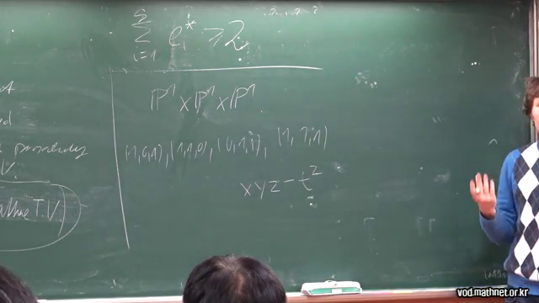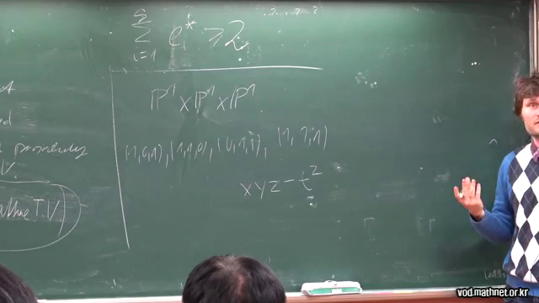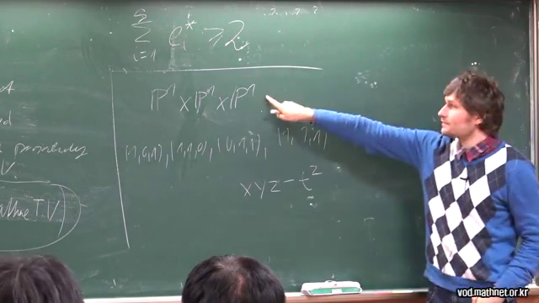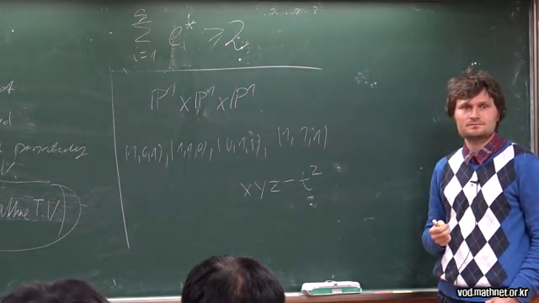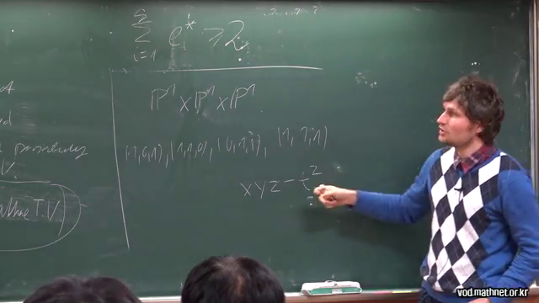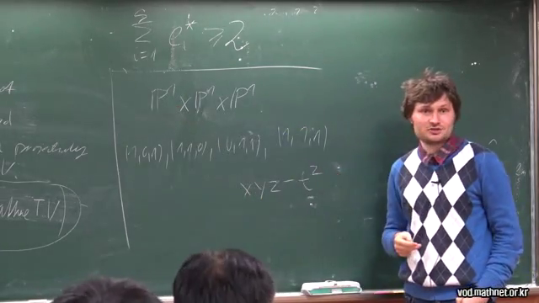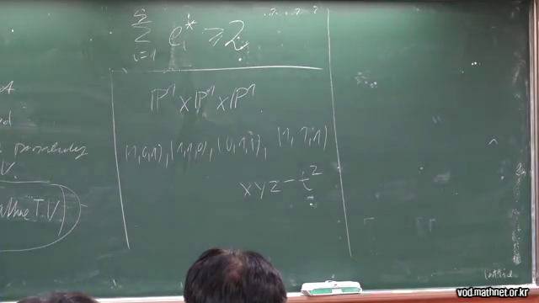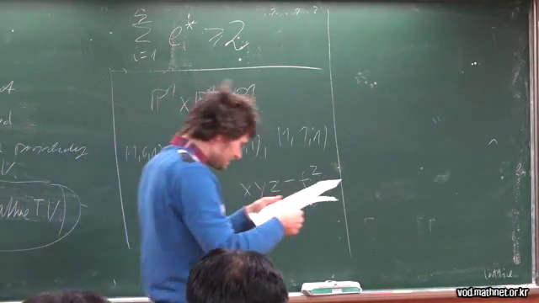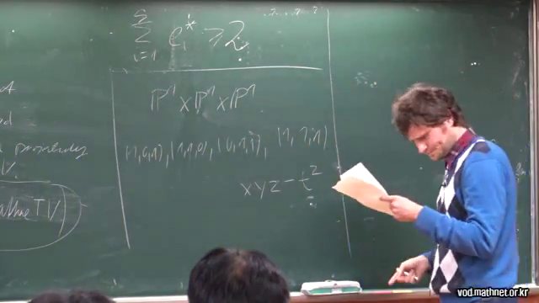So from this you already read that the tangential variety of this thing is a hypersurface, which locally on an affine piece is given by such a very simple equation.